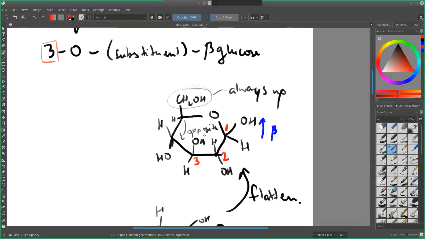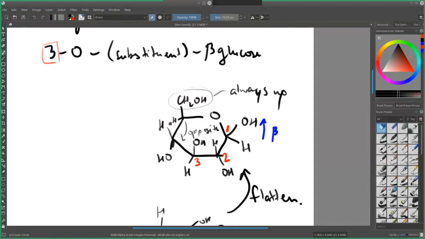You could think about it as starting here with the anomeric side, or you could think about this one being number 6, but you start with the anomeric side. That's where number 1 starts.